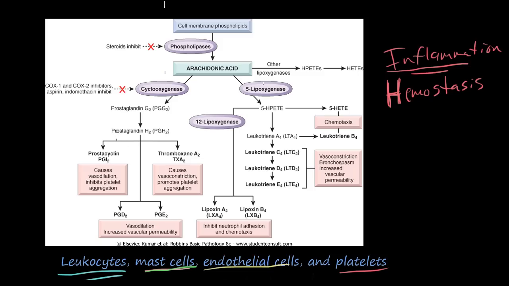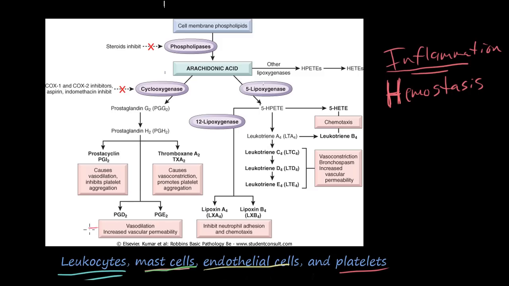Now, once you have these prostaglandin H2s, they can be further converted into PGD2 or PGE2, which causes vasodilation and increases vascular permeability.